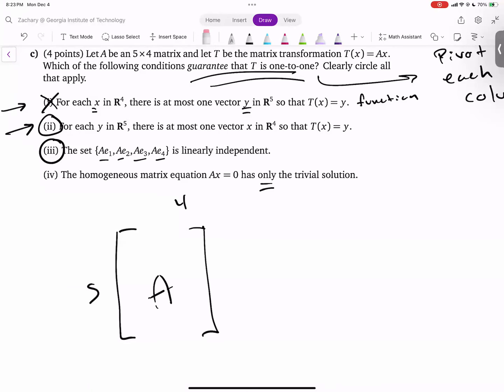What's my range with respect to my codomain? It's 4-space in R5. I don't really want you all to answer this every single time. I'm just trying to get you the thought process of what these sort of questions ask and why there's that connection between them all. That's how a true or false question would work. Given that Ax has only the trivial solution, define the range in the codomain.